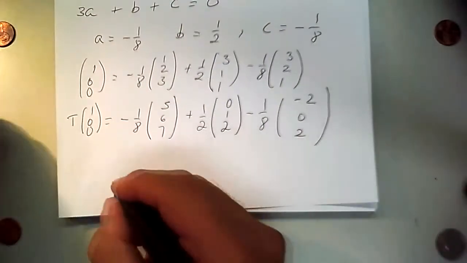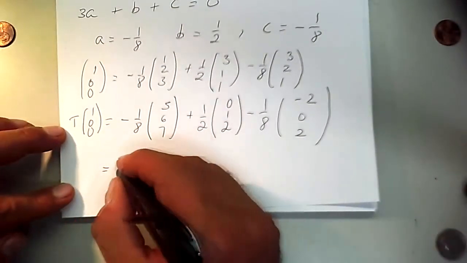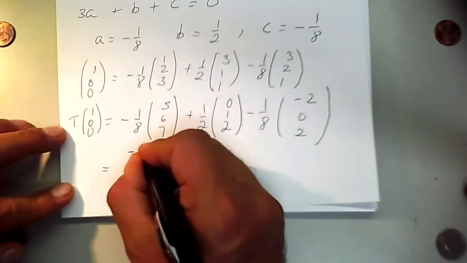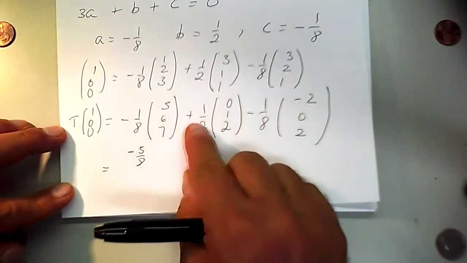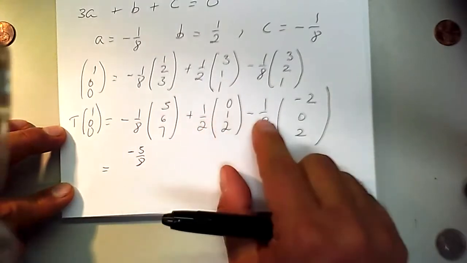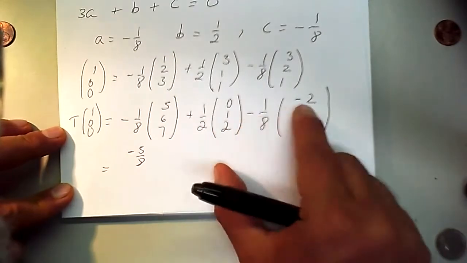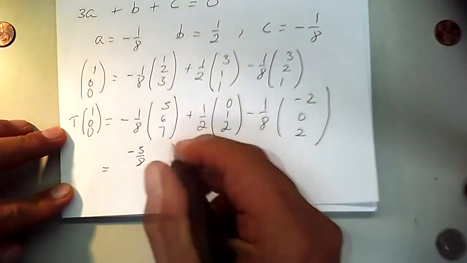Okay, and I'm going to try to do it all at once. For the first component: negative 5/8 plus 0, so I'm not going to write that down, and then a double negative, so plus 2/8.